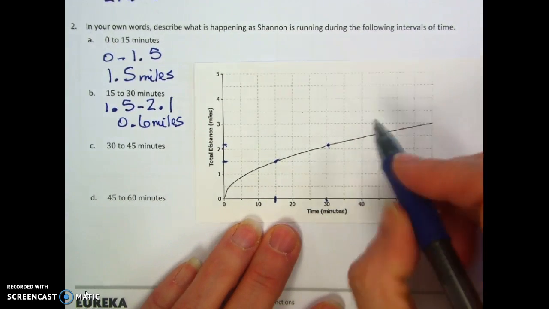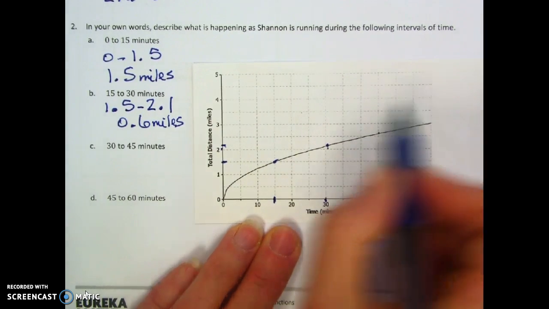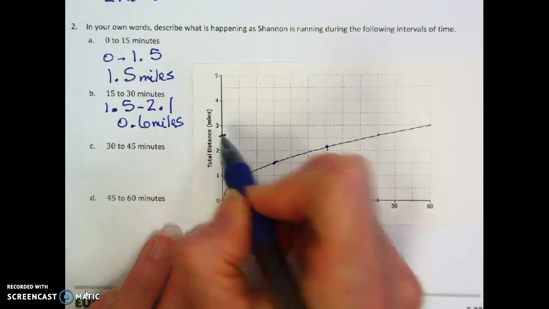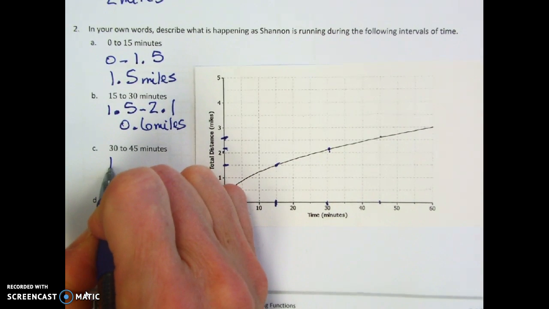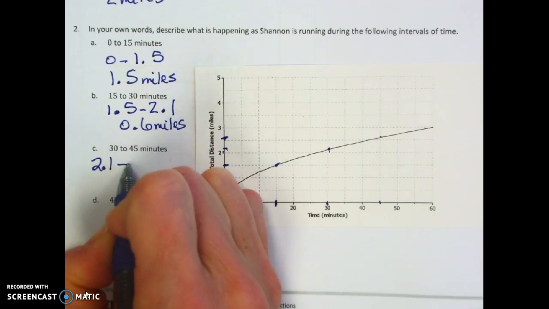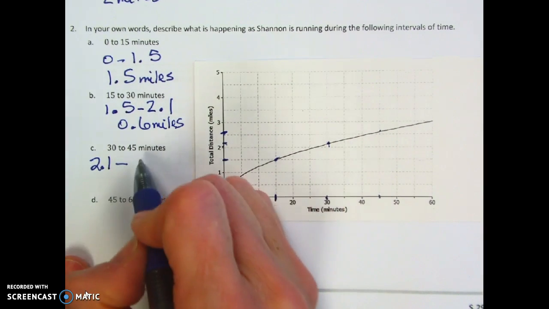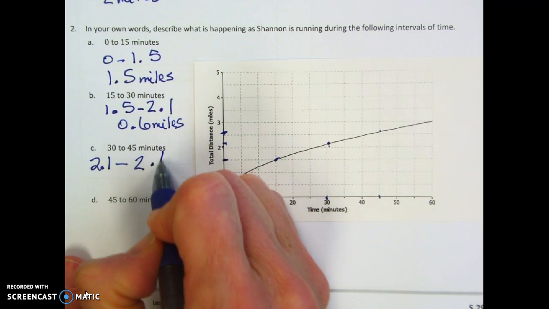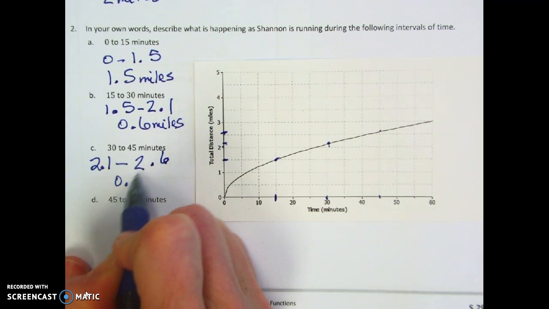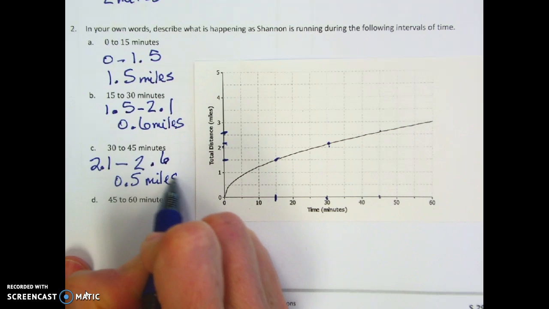Then we go from 30 to 45. 45 appears to be about there. So wow, we only went from about 2.1 to about 2.6, I'll say. So this is about 0.5 miles.